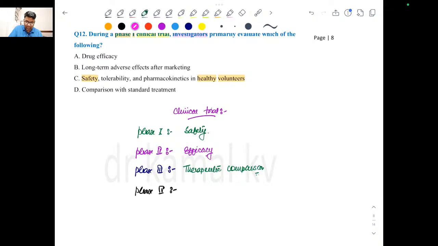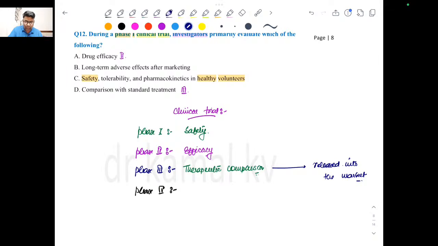So in phase 3 we do comparison with the standard treatment or whatever the options are available in the market. Efficacy is phase 2. Now once we are confirmed that drug is safer, we have already devised, we have planned the dose, frequency, everything, and we have already determined that okay, this drug is slightly better than the other available options in the market, then we will release the drug into market, right? So here the drug is released into the market.